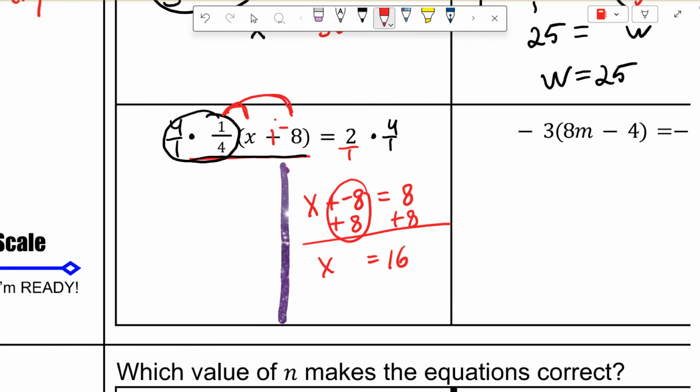Okay, and let's go ahead and distribute this. 1/4 times x is 1/4 x, and 1/4 times -8, make that into a fraction, is 1/4 times -8/1, which is -8/4 is equal to 2. Now we can simplify this. -8 divided by 4 is -2.